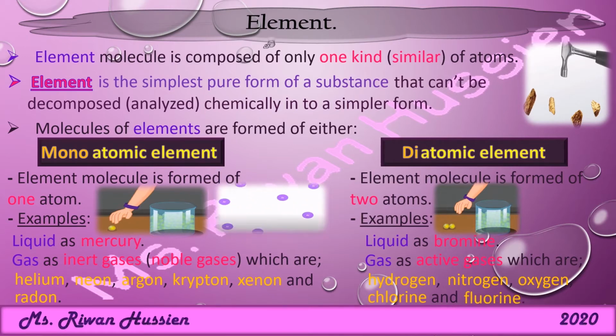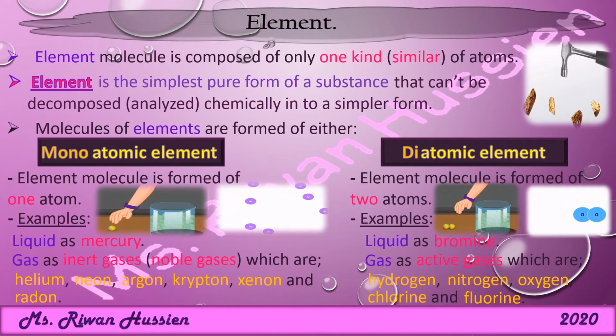Let's understand this with an animation. Oxygen gas present around us contains 2 atoms of oxygen combined to form an oxygen molecule.